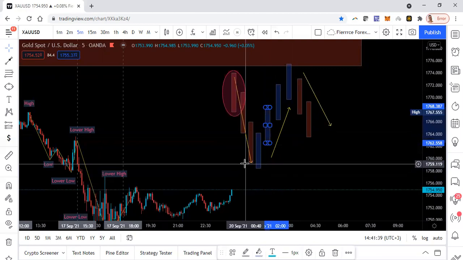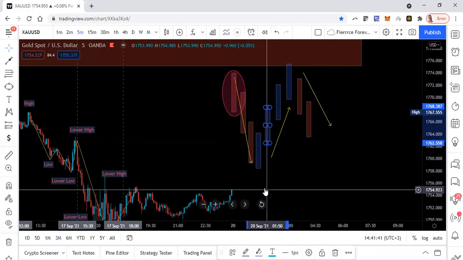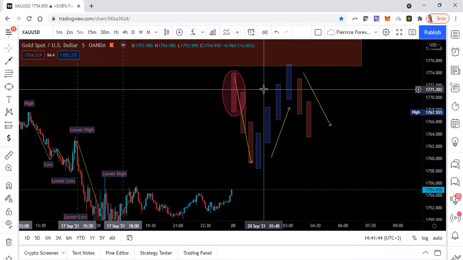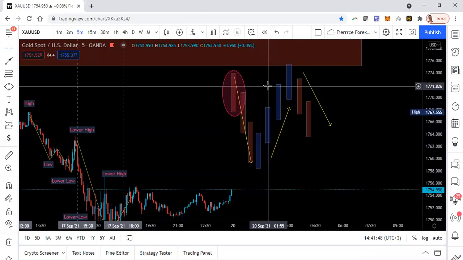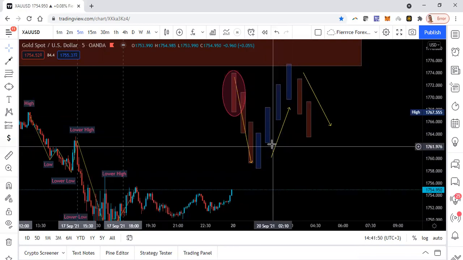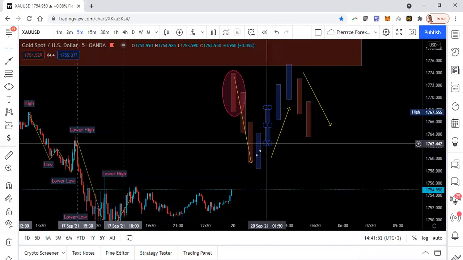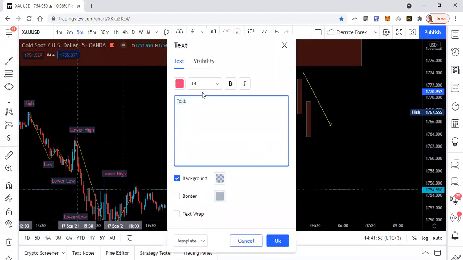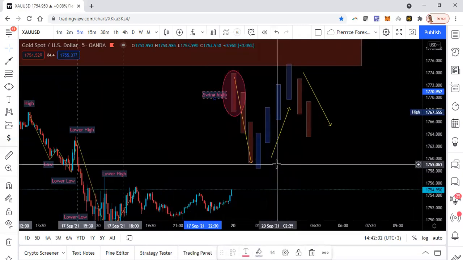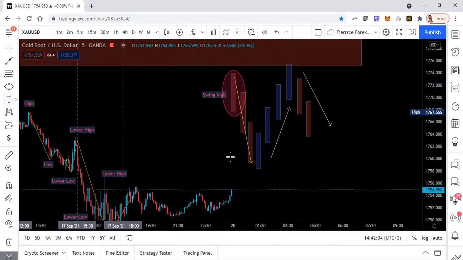It didn't quite continue downwards, but the next candle that formed here, this second candle vis-a-vis this one, continued to push the price higher, right? Now, when that happened, this became the swing low. So we have our swing high here. And then we have our swing low here.